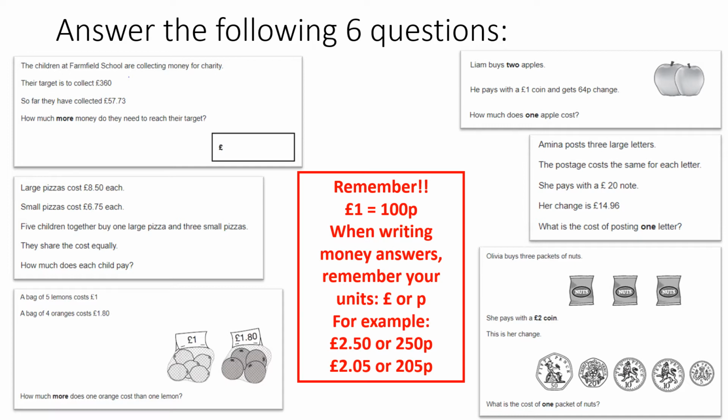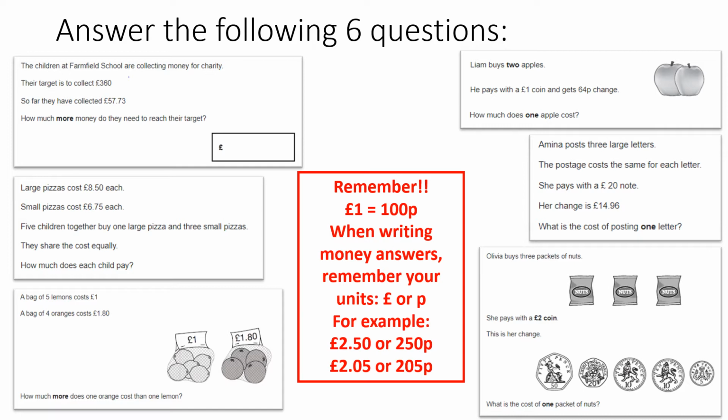Sometimes it's easier to convert pounds into pence or vice versa, pence into pounds, depending on what you're most comfortable with. And just remember for your answers, you need to give some units, whether it's pounds or pence, and just think of the different ways to write money.